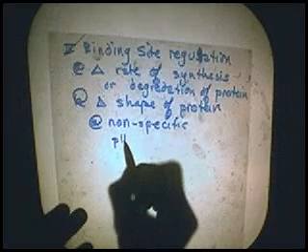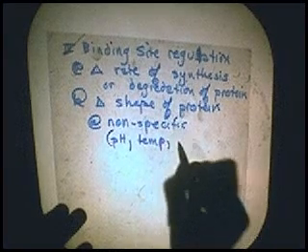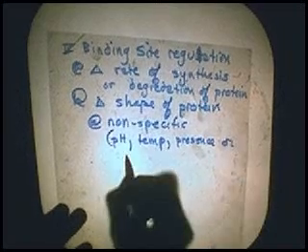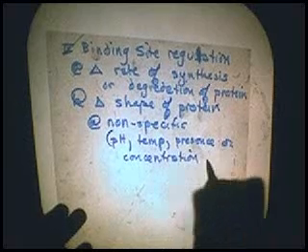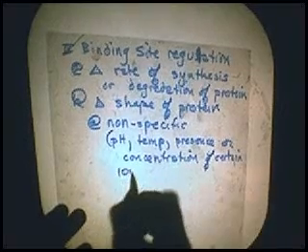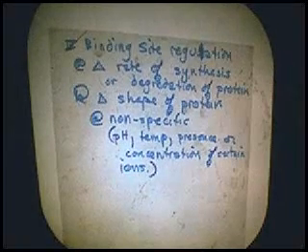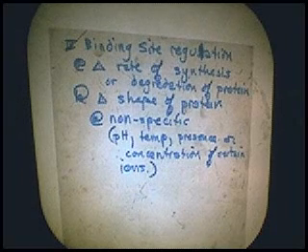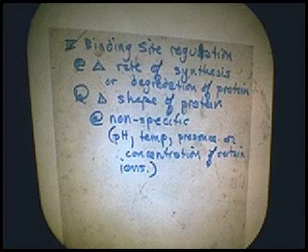Those factors could be pH, temperature, presence or concentration of certain ions. Any of you who've done enzymatic reactions know that if you add a little magnesium to a certain enzyme mixture, you'll get a better result than if you don't. So the ions actually help.